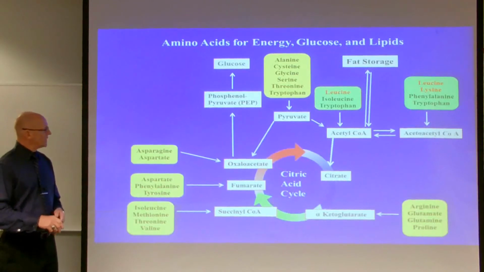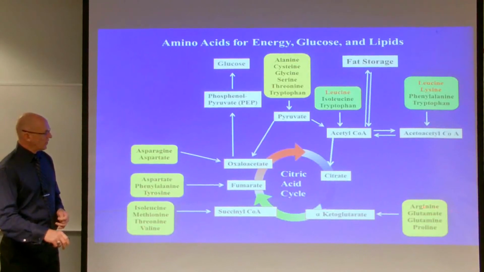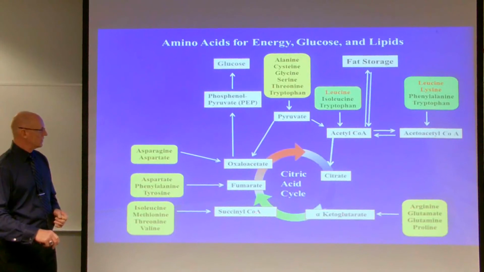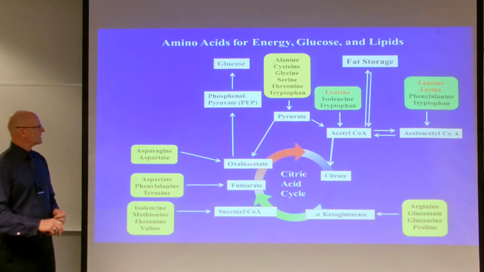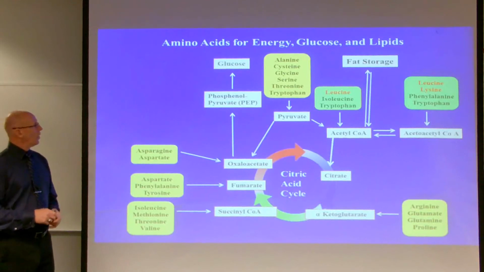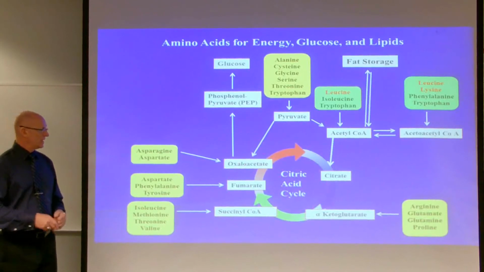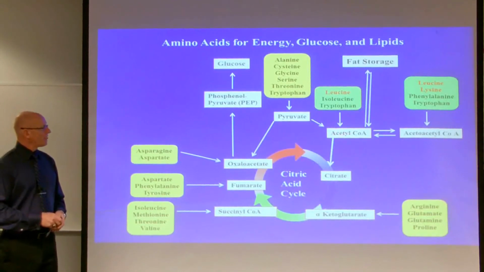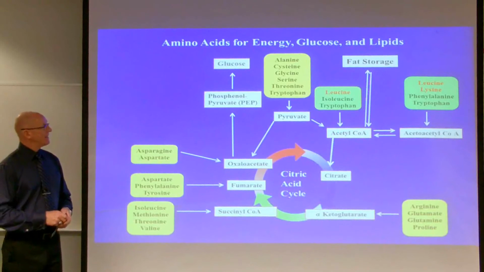Once they come in, these yellows are glucogenic. They will come in at alpha-ketoglutarate, succinyl-CoA, fumarate, oxaloacetate, and go into phosphoenolpyruvate to glucose. Or some of them can come into pyruvate and go into oxaloacetate and participate in the TCA cycle. Or they can come into pyruvate, go to acetyl-CoA, and go to fatty acids.